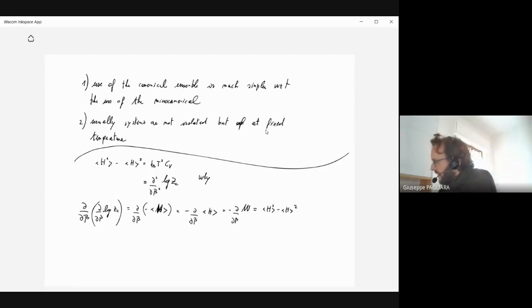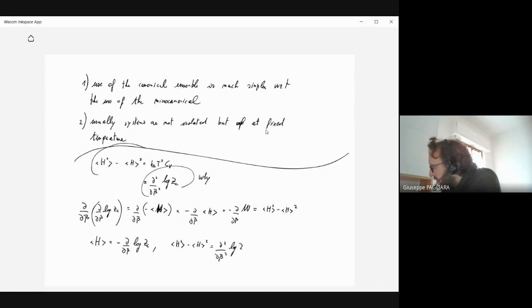Okay, and so you see that actually this variance can be computed as a second derivative of the log of Z_C. So if you want, the h average is minus the derivative with respect to beta of the log of Z_C, and the variance is the second derivative with respect to beta of the log of Z_C.